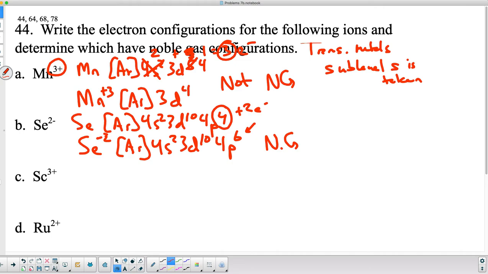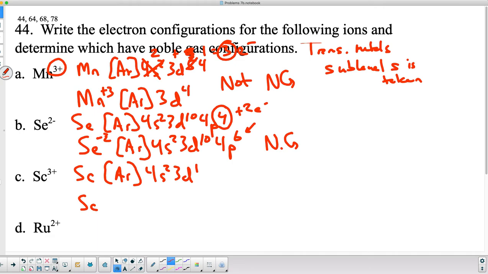How about scandium? Scandium is a transition metal. Let's see what happens. I'm going to write down scandium without the charge. This is again argon, 4s2, 3d1. That is a net charge of 0, so that's the atom.